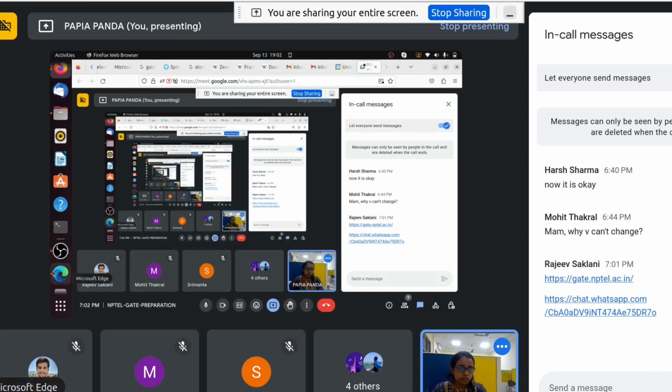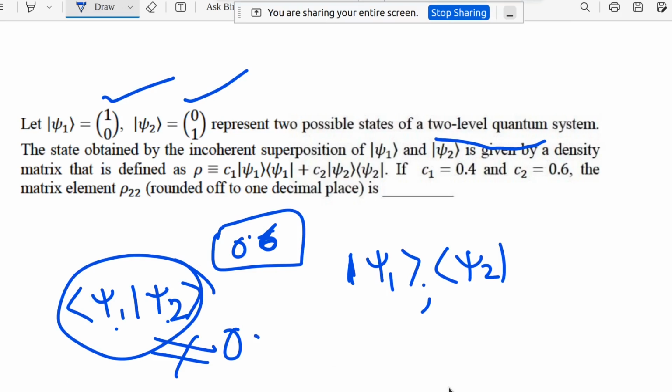So incoherent superposition means whatever the superposition is coming here, in that superposition, this is the incoherent superposition. Superposition means the linear combination of psi 1 and psi 2, right? So incoherent superposition means there will be ket and bra notation, ket and bra notation.